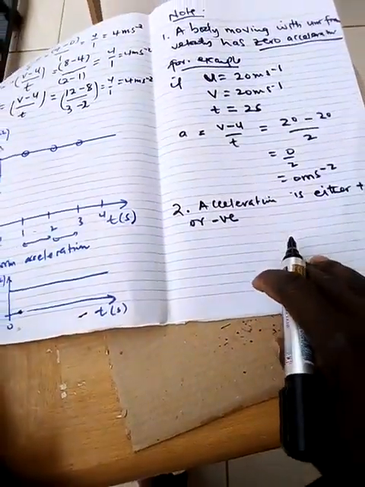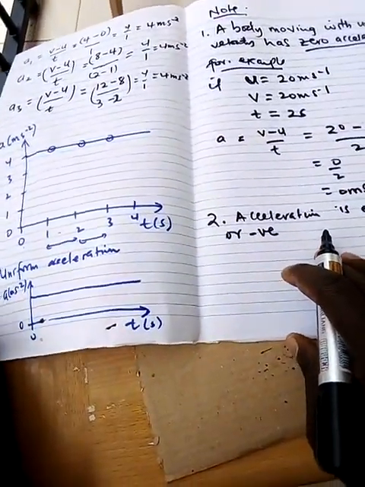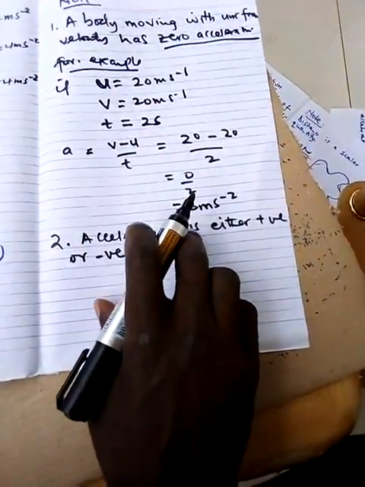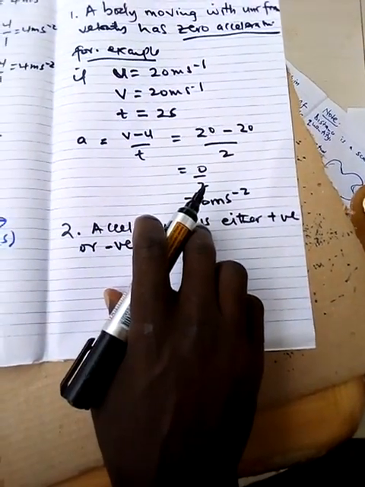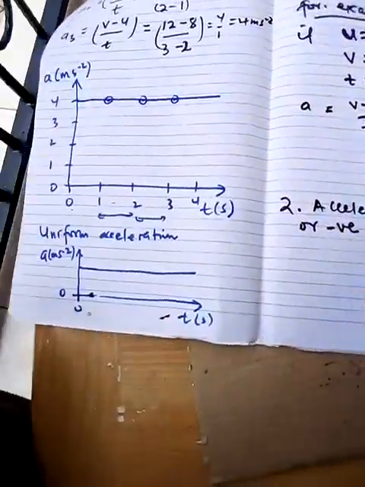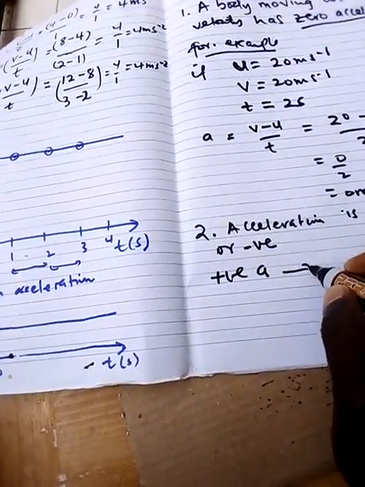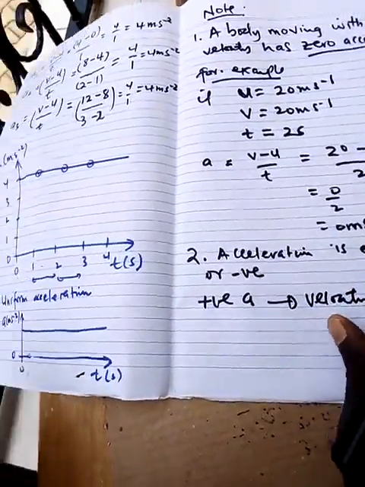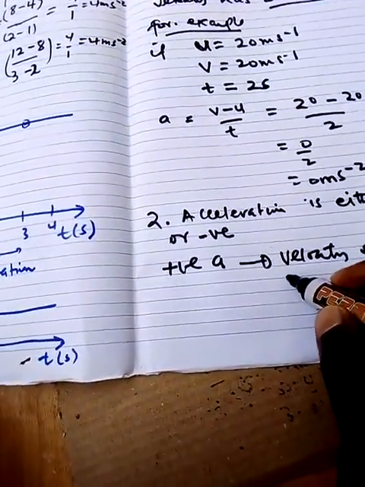In other words, a positive acceleration is an acceleration for a body whose velocity is increasing. Are you getting the point? Let me be clear. Positive acceleration: here, the velocity of a body is increasing.